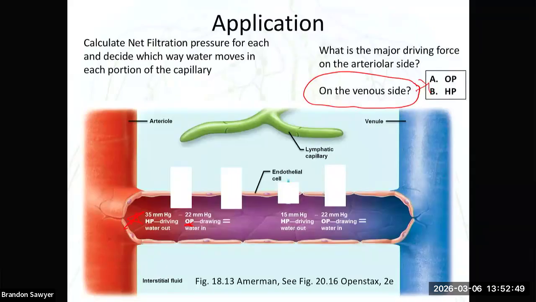Okay, so double check with the person next to you. You got those two numbers as well as the two questions up there. Which one is the driving force on the arterial side? Which one is the major driving force on the venous side?